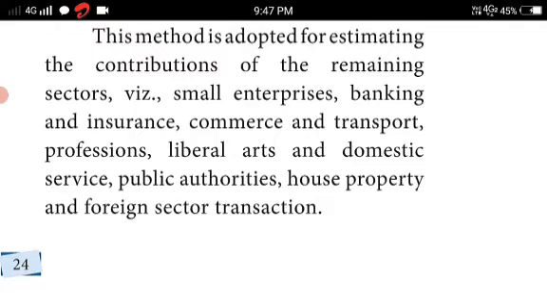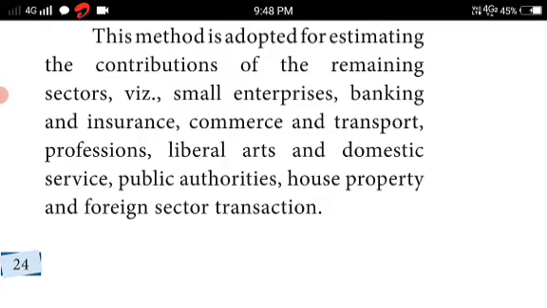And data on income from abroad, the rest of the world sector or foreign sector, are obtained from the account of the balance of payments of the country. Every country maintains a balance of payments; that is their account section. Through their account section we can calculate.